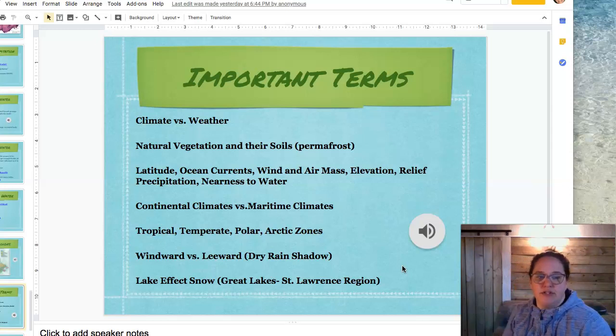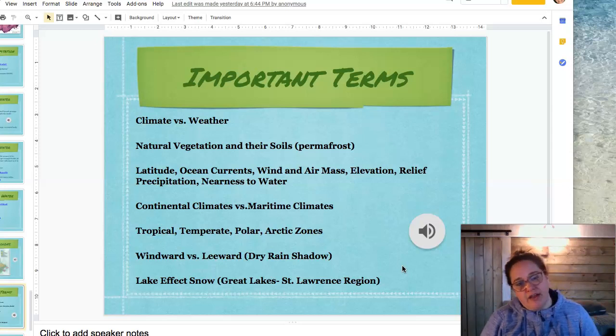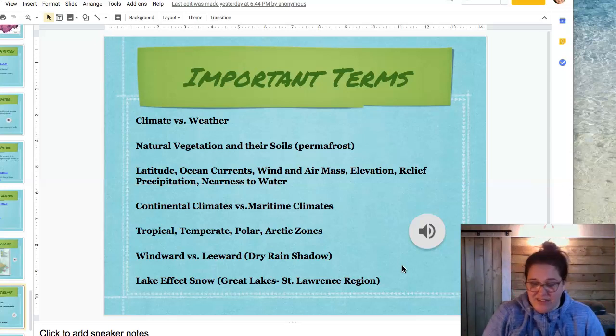You should be able to differentiate tropical zones on the planet versus temperate, polar, and Arctic zones, and you can look at the latitudes map back for that one. What's the difference between a windward side of a mountain and a leeward or dry rain shadow side of a mountain? And lake effect snow. What is lake effect snow and why does it happen?